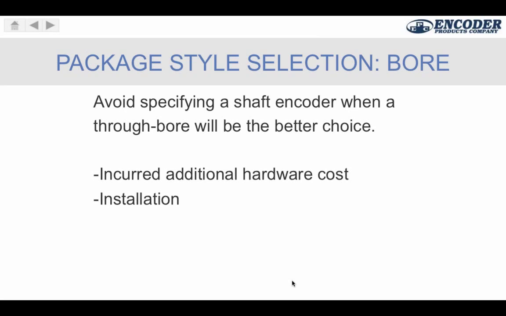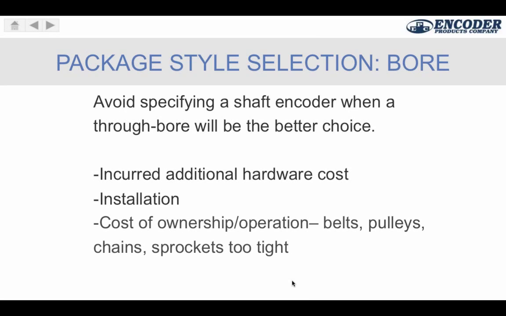The cost of ownership of those items for installation and the installation itself. Those are added costs that may be a factor in your decision-making process as to whether you want to use a shaft or a blind hollow encoder.